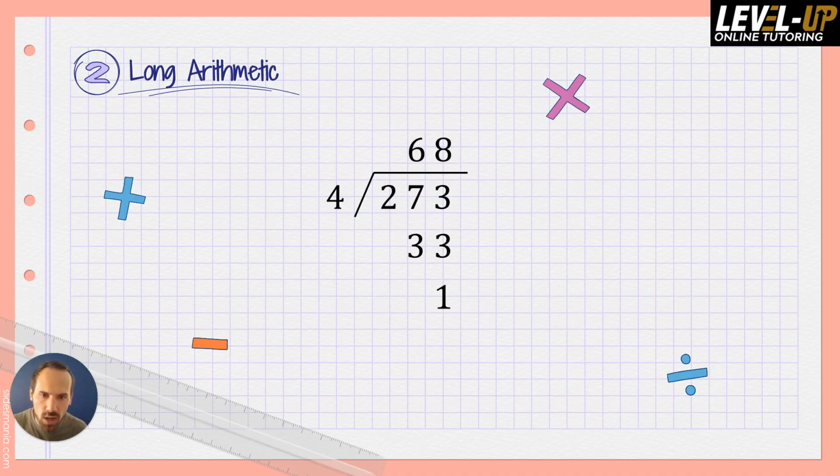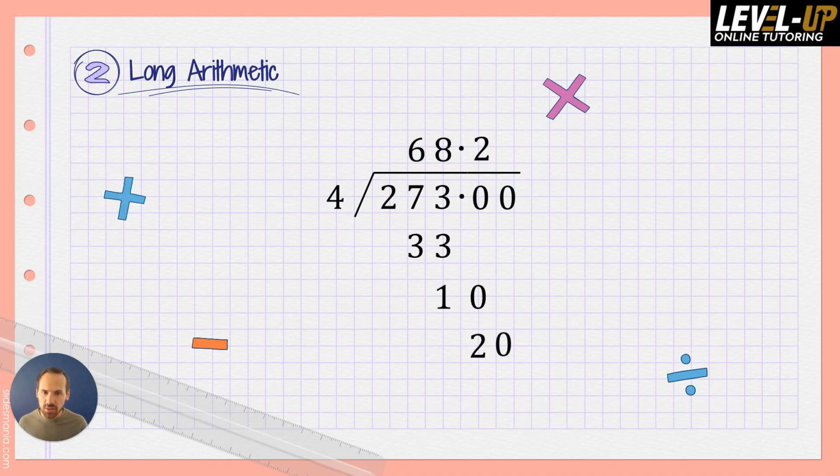But if we wanted just one decimal number, what we could do is extend the digits along like this, because 273.00 is the same thing as 273. Those zeros don't make a difference. But what they do allow us to do is bring the 0 down and carry on the division. So we do 10 divided by 4 is 2 with a remainder of 2.